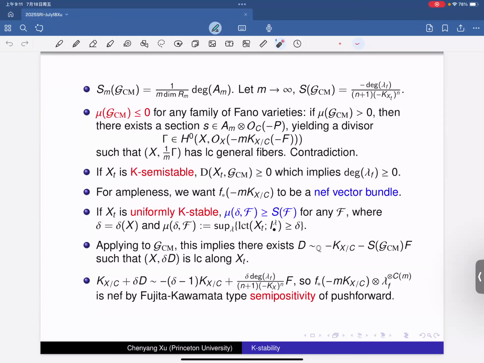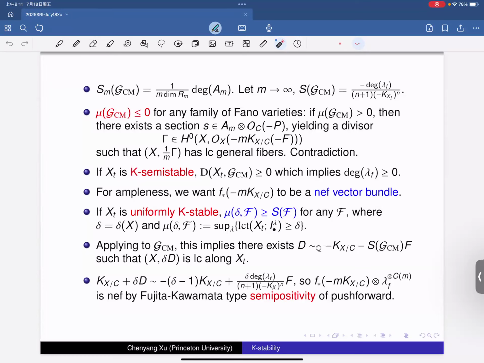Okay, so this is what we calculated, the same degree. The first observation is that for any family of Fano varieties, no semistability condition is required, the mu I defined yesterday is always non-positive.